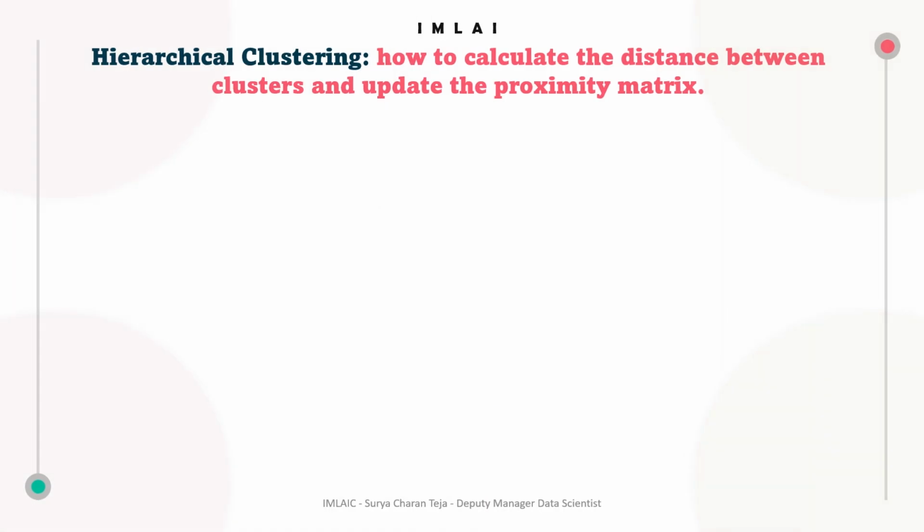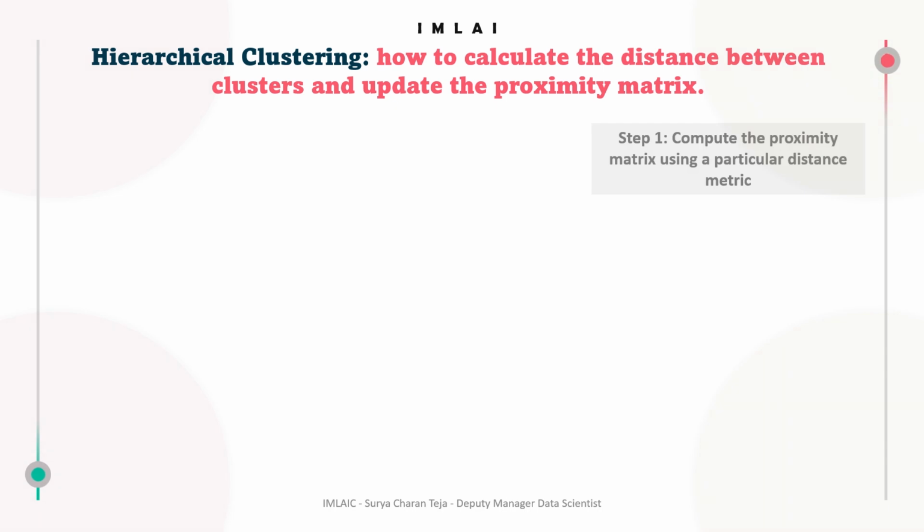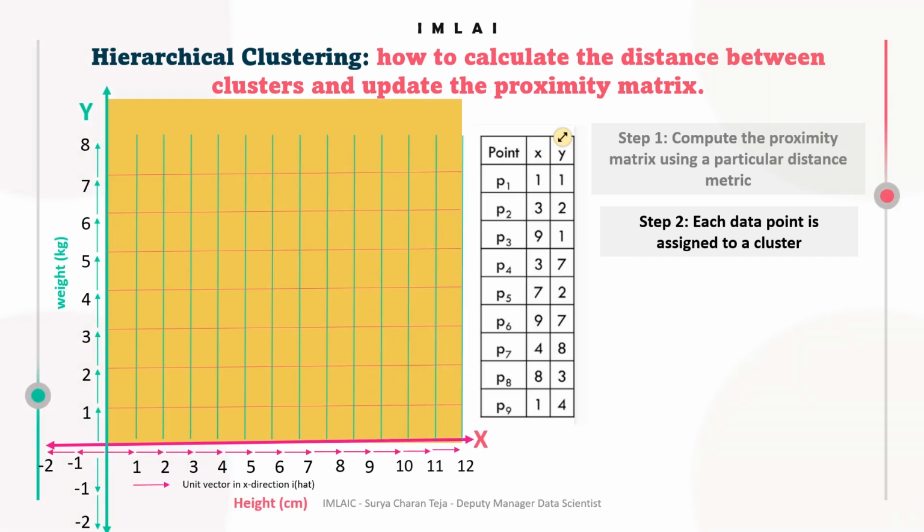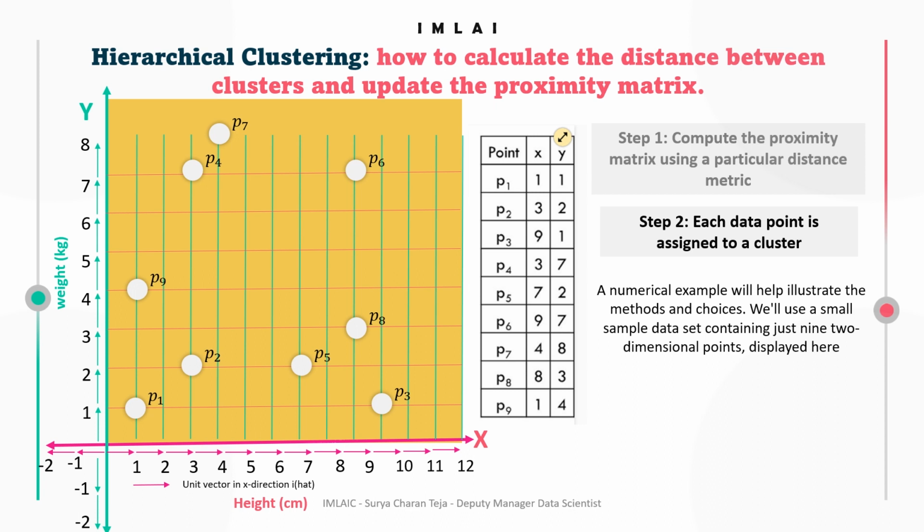So we have completed two steps, which is step 1, compute the proximity matrix using a particular distance metric, and step 2, each data point is assigned to a cluster. So this is our data set, and each data point should be assigned as a cluster, and that's what we did.